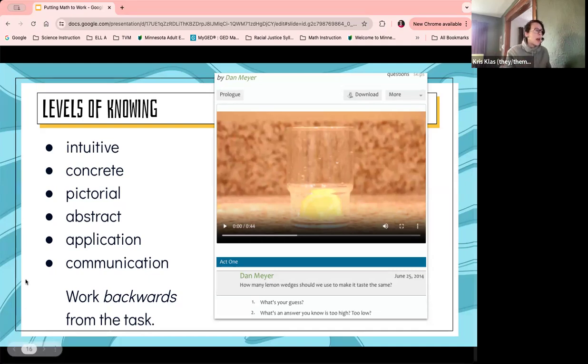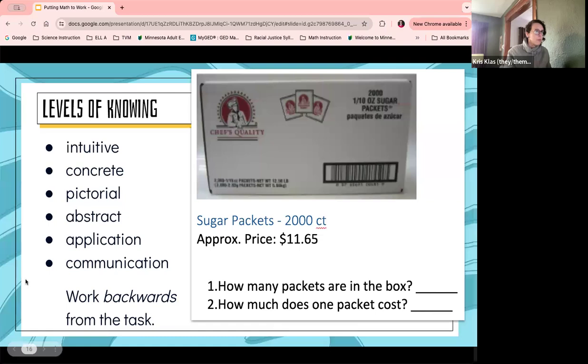And then at the abstract level, that's where we start applying this mathematically, and we bring in the symbols and the equal signs, division, the equations, those abstract pieces of math.